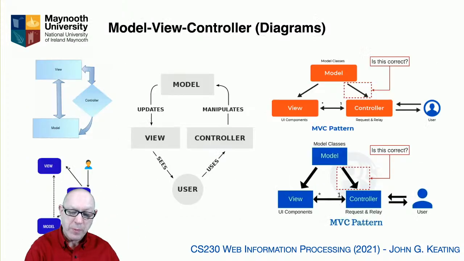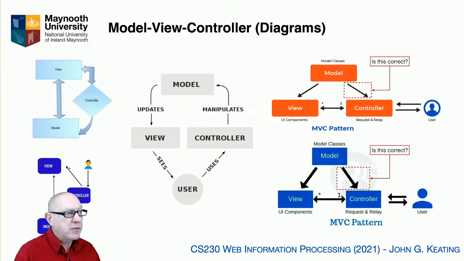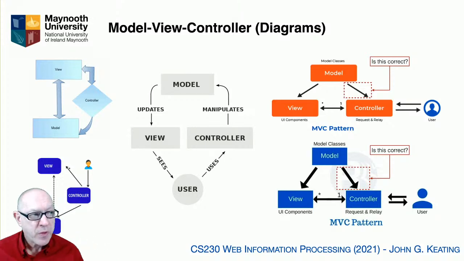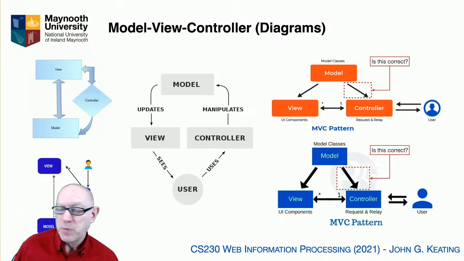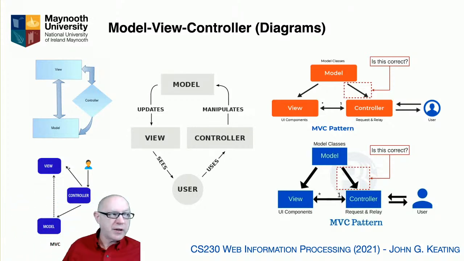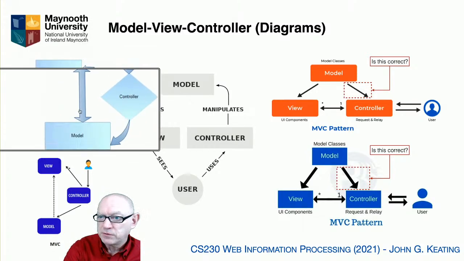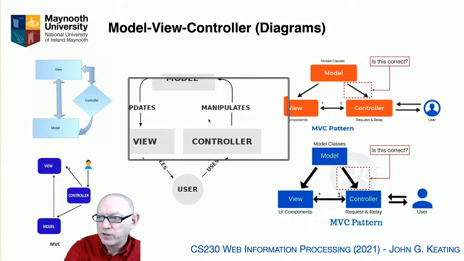So here's some representations that you see about how the model view controller might look like. Let me move over a little bit so you can see all of them. So on the left there, we have the model talks to the view via the controller. This is my favorite one.